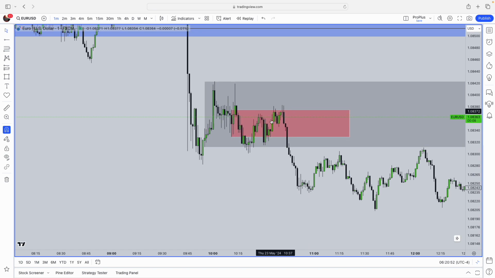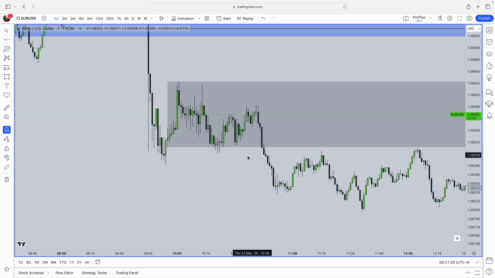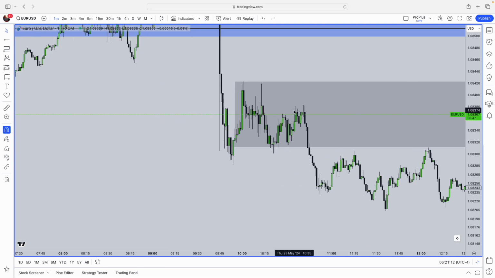Okay, so your entry could have been in any of this here, potentially could have been at the midpoint. Okay, where would your stops be? Stops just above the high, because it's already made that run to take out stops. And that would probably be the only entry for me personally here.